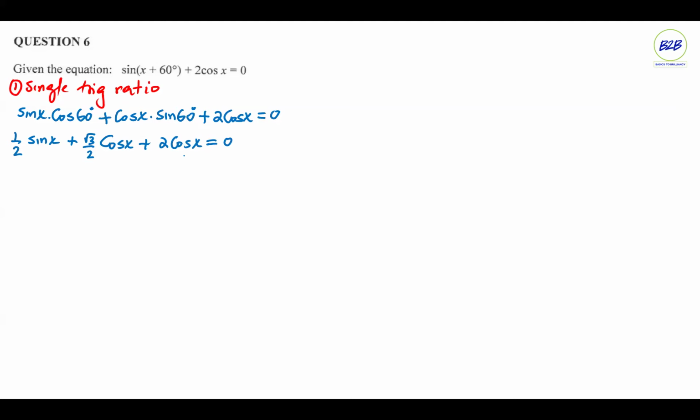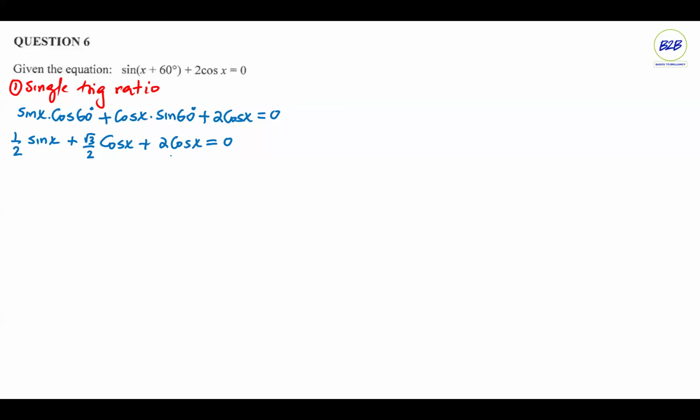What we are going to do now is to collect like terms. There is cos, and then we collect like terms. What makes these to be like terms? Just besides the fact that there is cos and cos, the variable angles are the same. So that is why there is a condition for the expansion method, for the variable angles to be the same, because we want to have like terms.